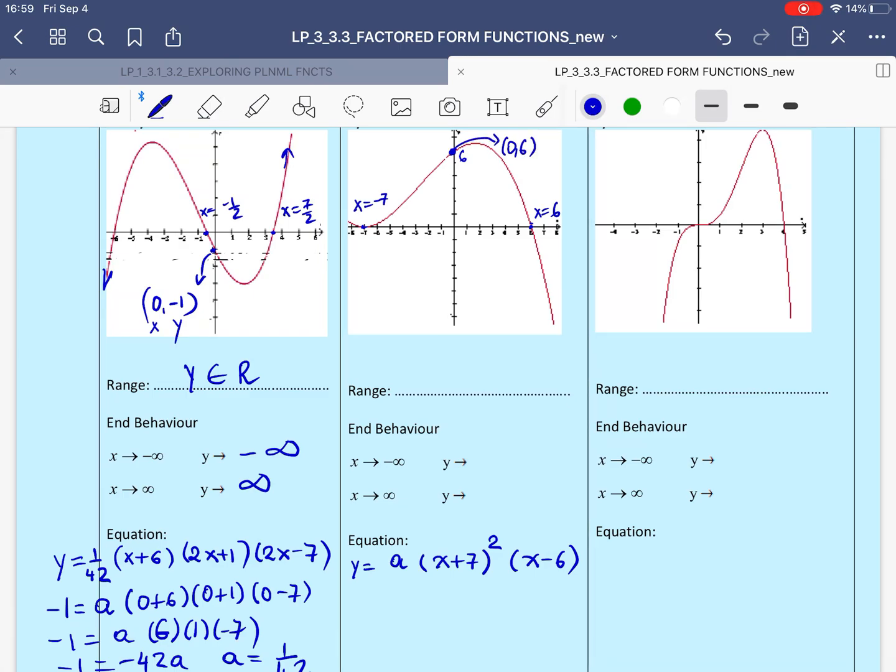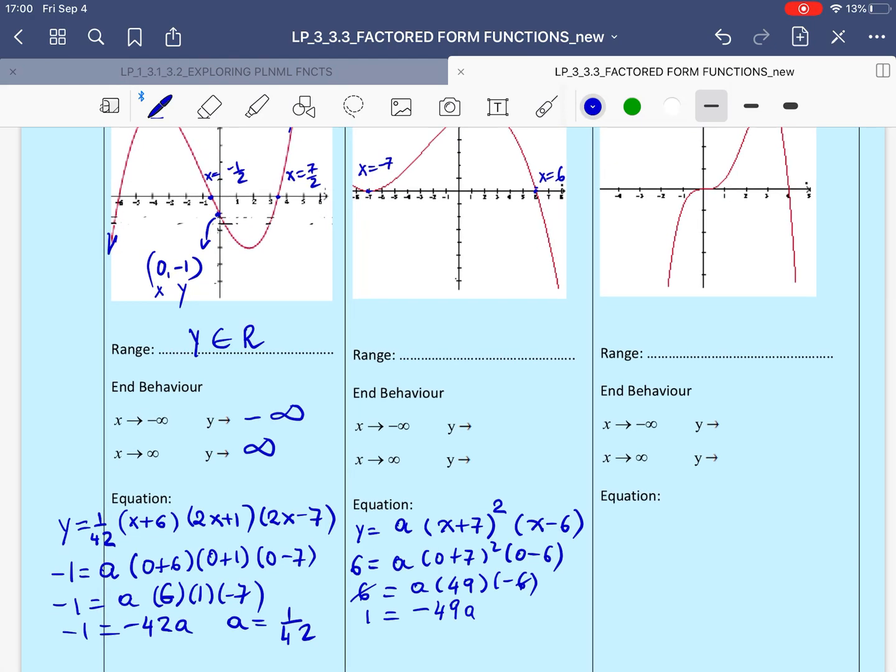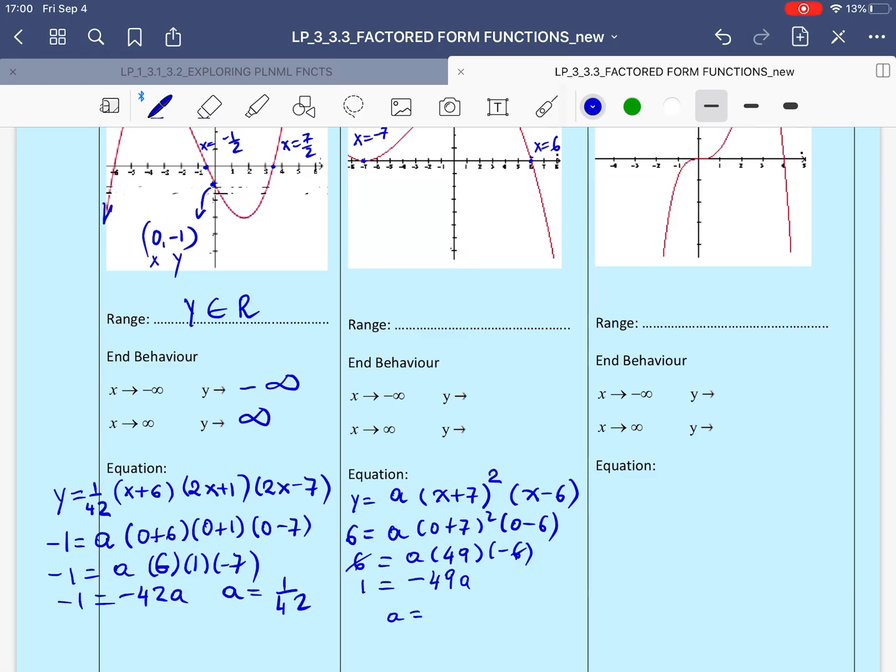So we have a point with x equals 0, y equals 6. Which means 6 equals a times (0 plus 7) squared times (0 minus 6). 6 equals a times 49 times negative 6. These two will simplify to negative 49a.